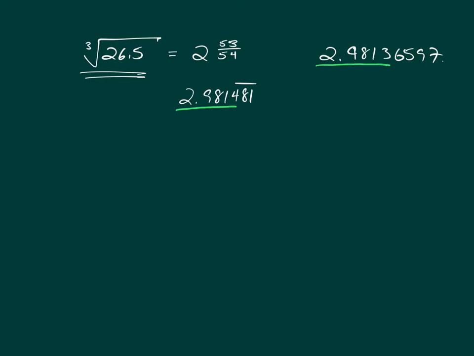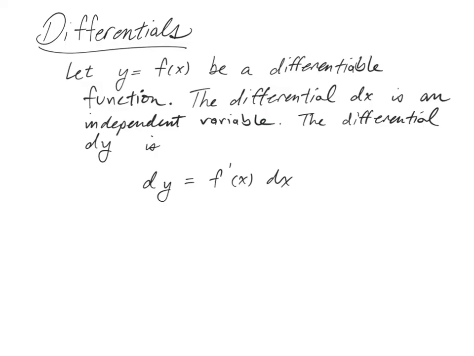And there is, but before we can do anything with that, I have to introduce differentials. So we have a function y equals f of x, and it's a differentiable function. The differential dx is an independent variable, and the differential dy is equal to f prime of x times dx.